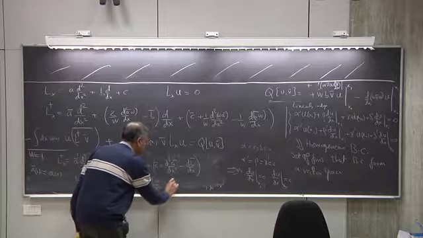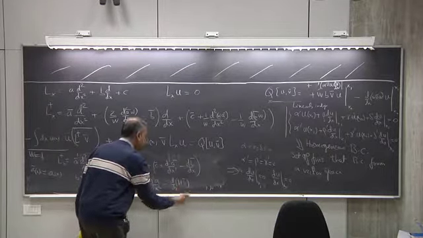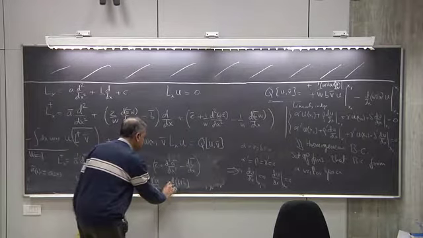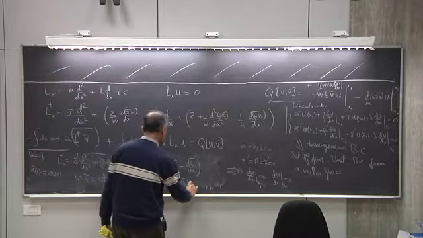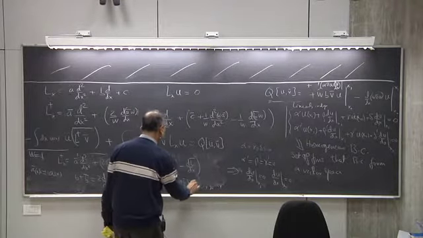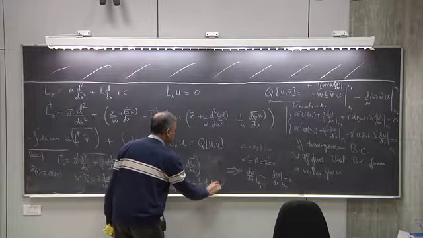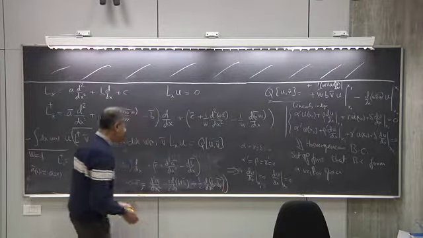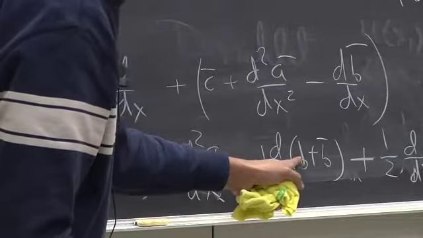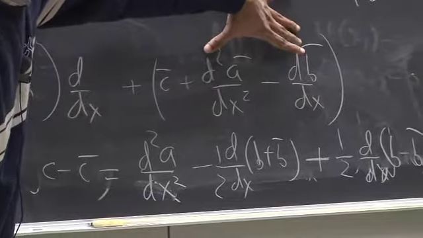So let me write it like this: minus 1/2 d by dx of B plus B bar, and then minus 1/2 or plus 1/2 d by dx of B minus B bar. All I did was add and subtract B. This is what C minus C bar is supposed to be equal to.